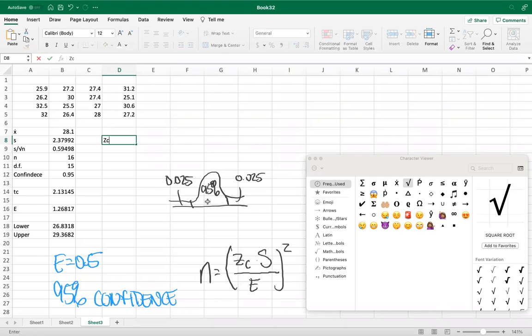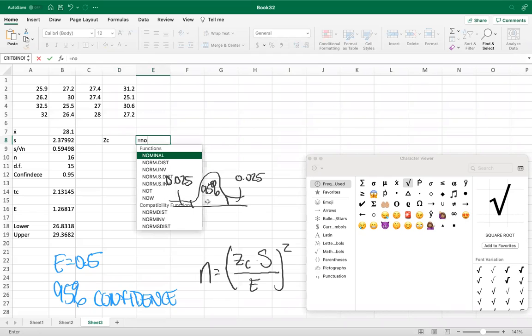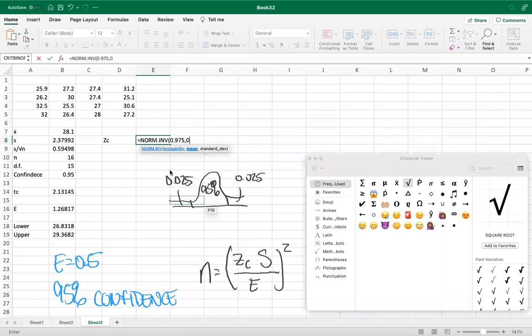Our critical z value is going to come from a normal distribution, because that's where z-scores come from. We'll use the normal inverse. Do we need an area or do we have an area? We have an area that we need an associated z-score for. So we have 0.975, and because we're looking at the standard normal distribution, it has a mean of 0 with standard deviation of 1.